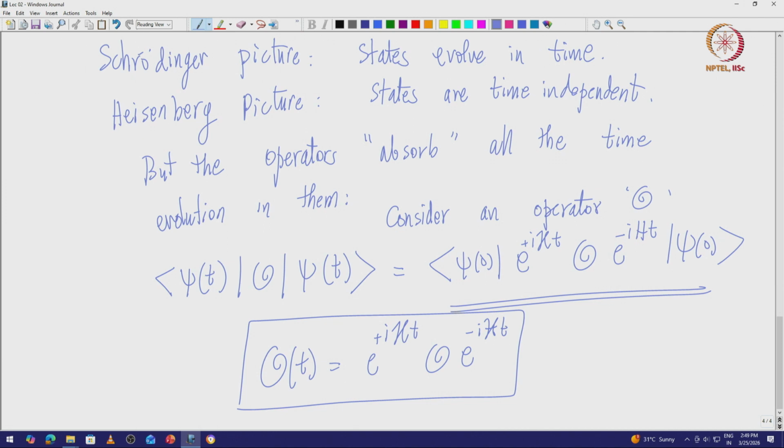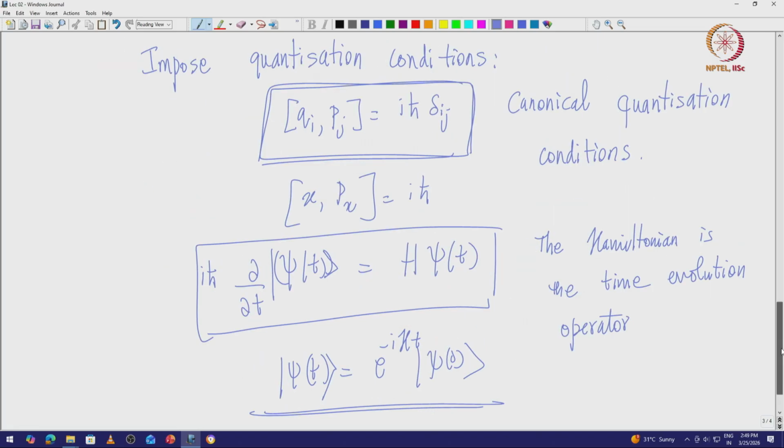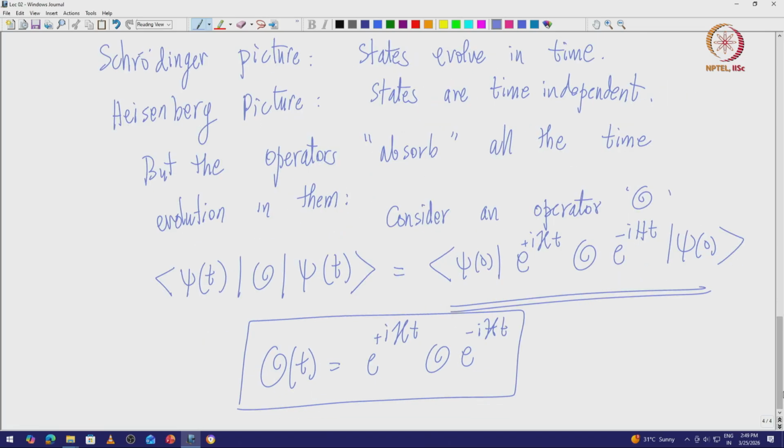Now, the canonical quantization happens in the Heisenberg picture.